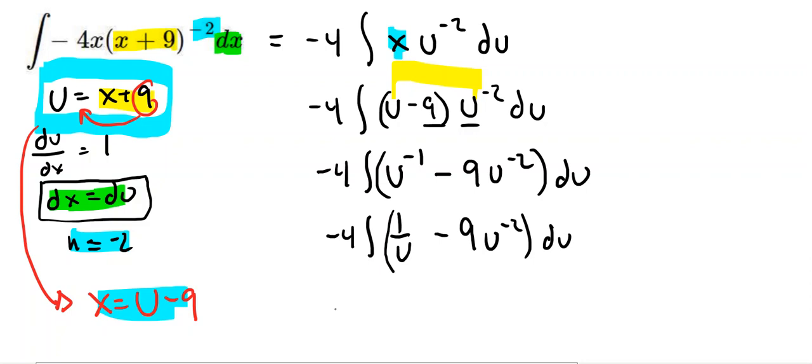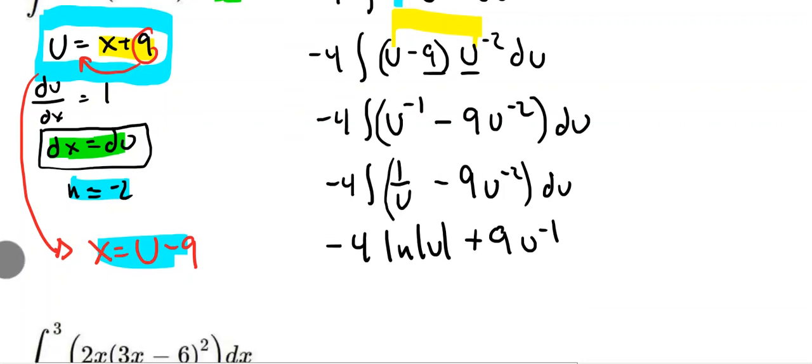That might help you remember what rule we're going to use to actually integrate that. That would be the log rule. So actually doing our integrating now, -4 times the log of the absolute value of u, minus 9 u to the -1 divided by -1, which will just basically change that sign, plus c.